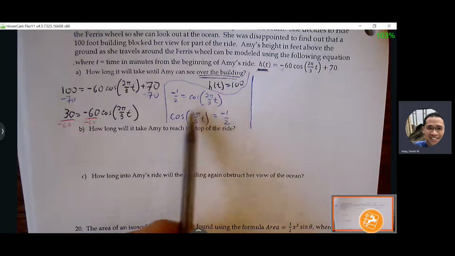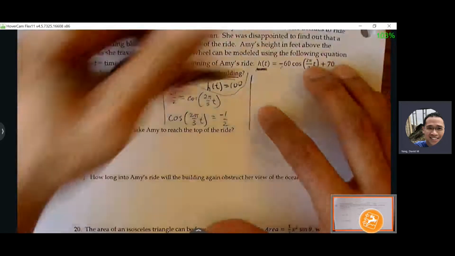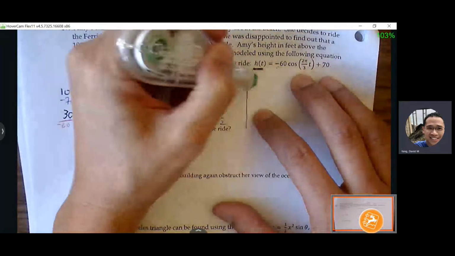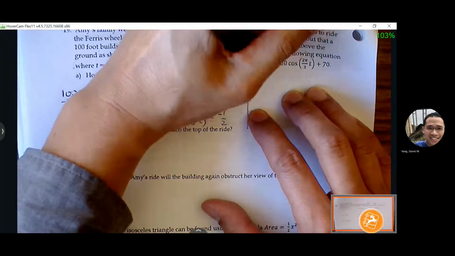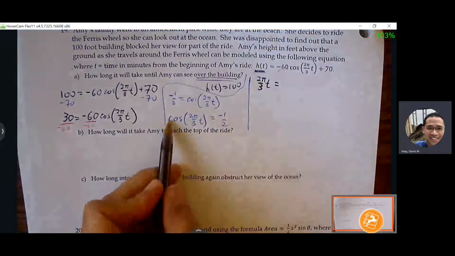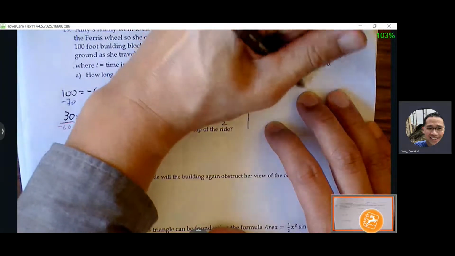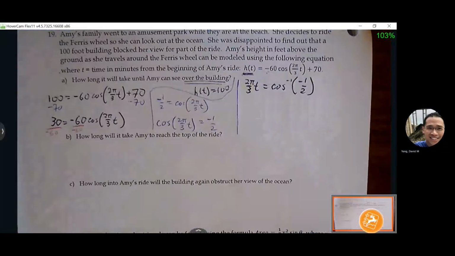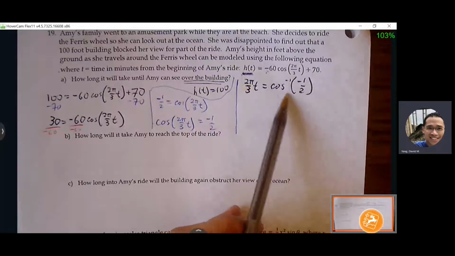So the way we move a cosine or trig function to the other side of the equation is we use the inverse. So we say this. Sorry, not cosine. 2 pi over 3t is equal to, okay, we shift that cosine over, it turns into inverse cosine. And now we have something that we can transform on this side.